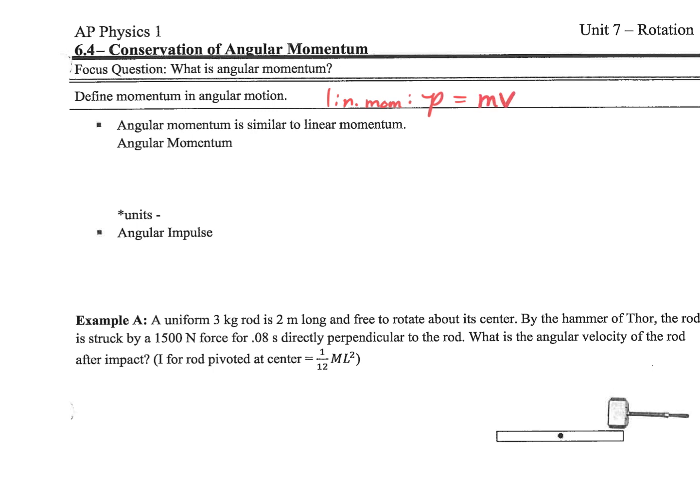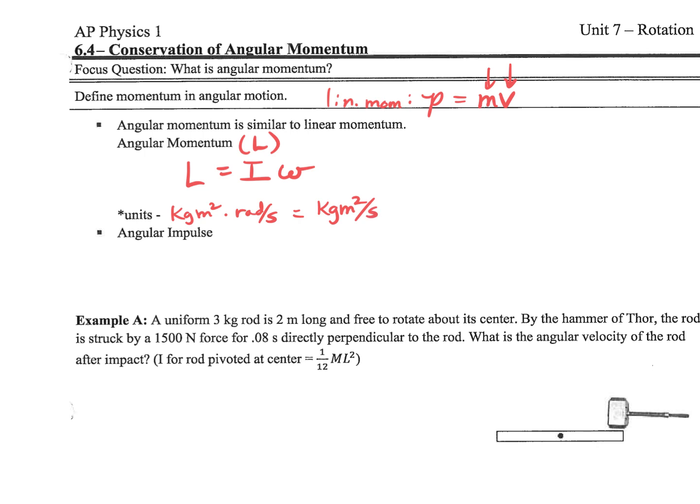If we turn that into angular momentum, which is capital L, L is equal to the rotational analog to mass, which we learned last time was inertia, and the rotational analog to velocity, which is omega. So L equals I omega. The units for I are kilogram meters squared, and omega is radians per second, so we end up with kilogram meters squared per second.